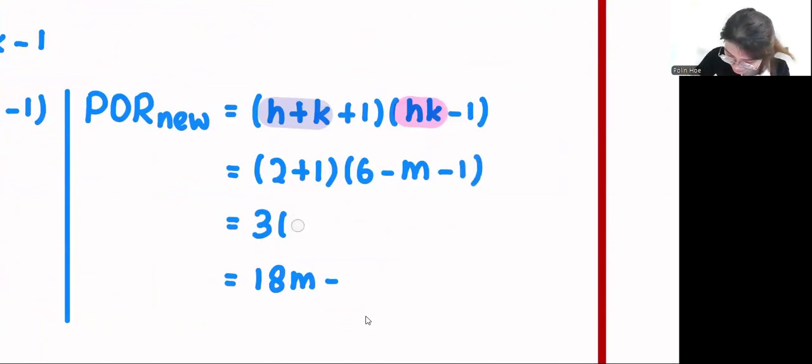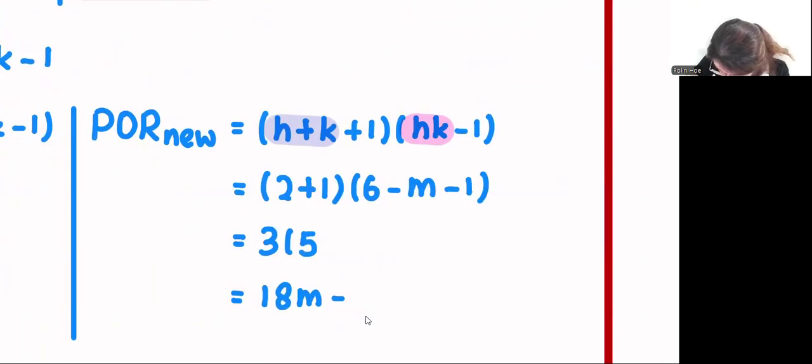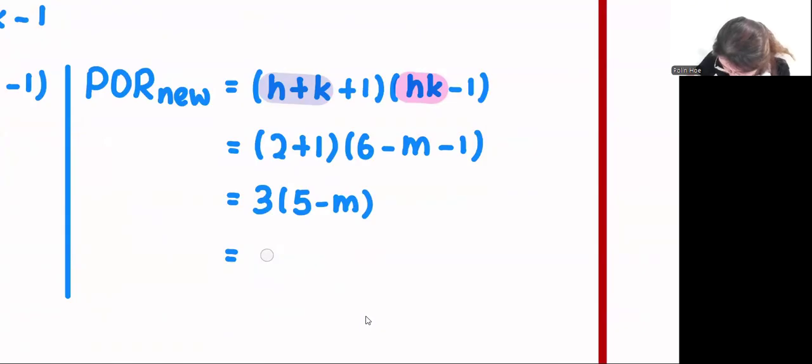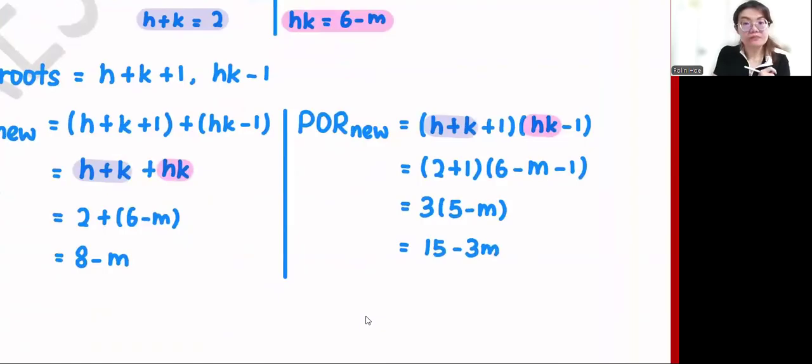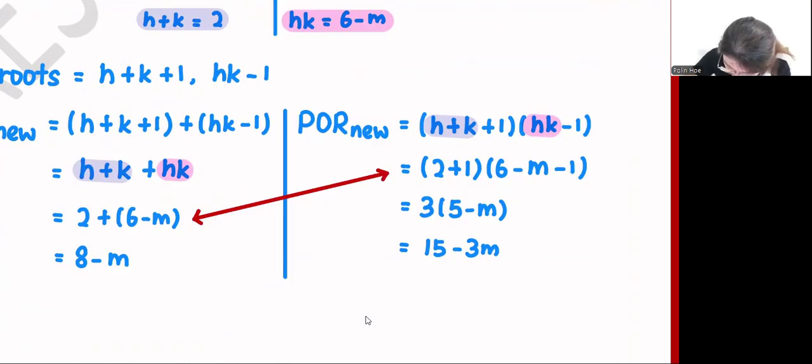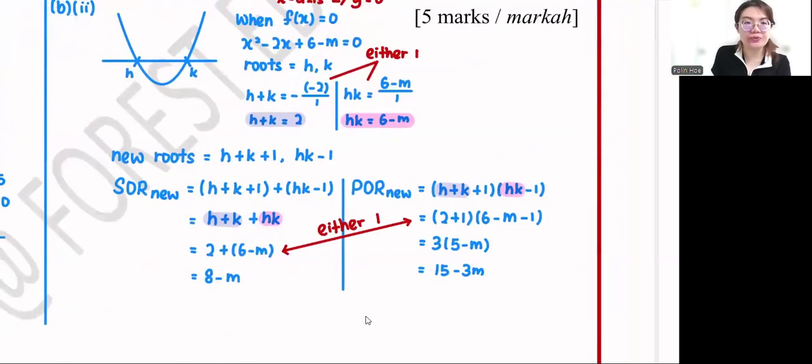So 这个是5 minus M 来的。I got 15 minus 3M. This one also 1 mark. And the final mark will be for you to form your new equation.